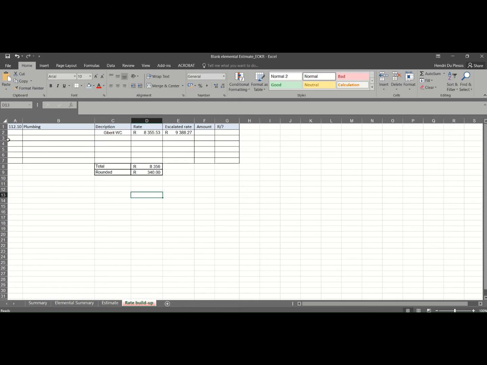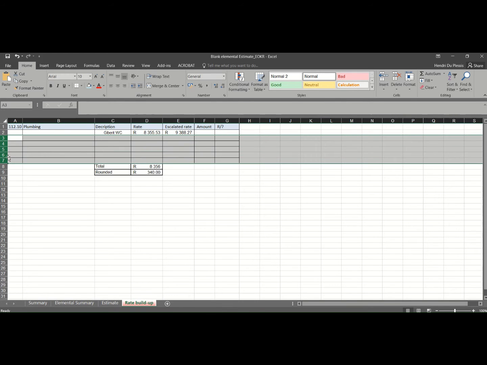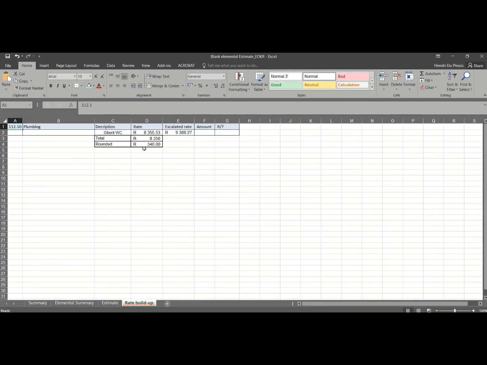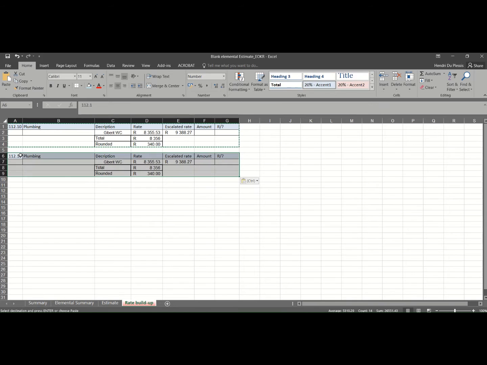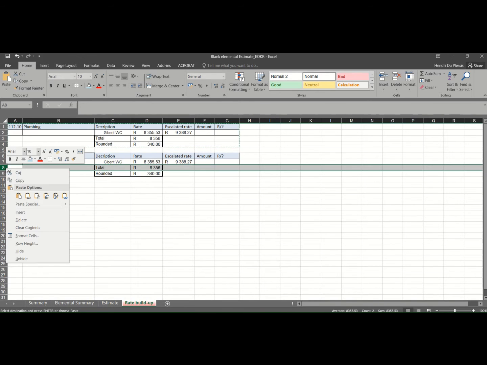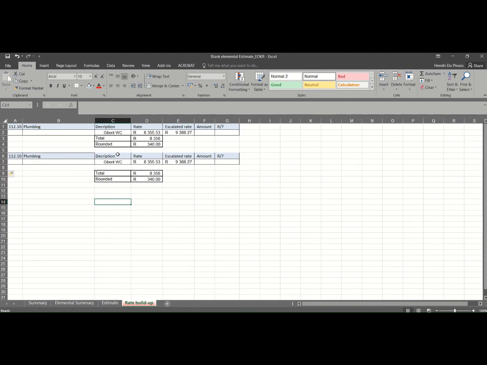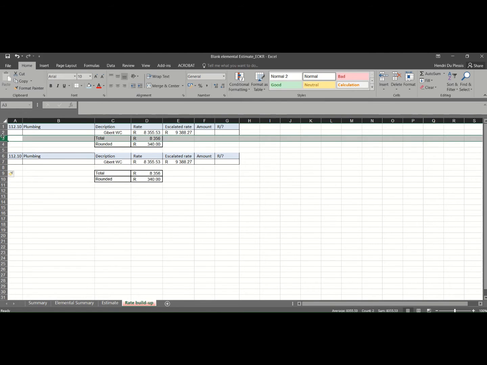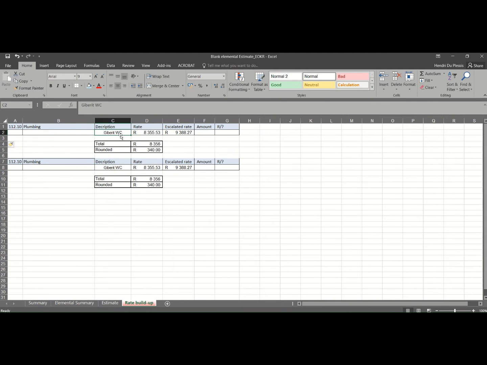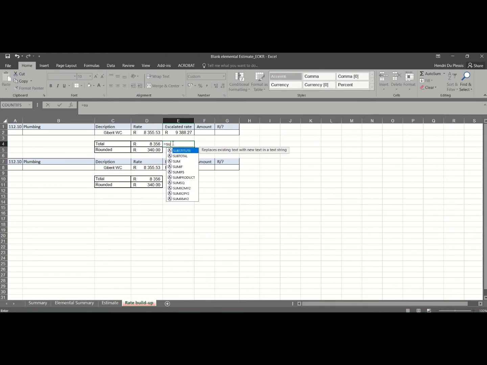Okay, so what you do is you go to your sanitary plumbing, and then our VC would also include some other pipe work and so on that you just add up. Okay, good.